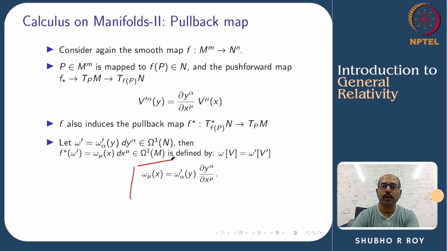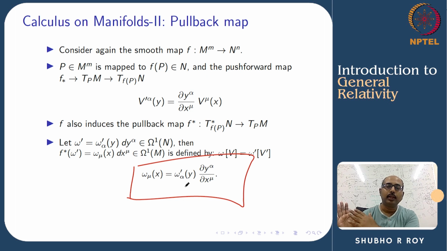So omega prime alpha is a one-form field in N, and then you contract with the Jacobian factor, the same Jacobian, del y^alpha over del x^mu. I'm not using the inverse, and you get back to the original manifold, in fact the cotangent space of the original manifold, and you get a one-form omega_mu. Okay, so this is the construction of the pullback. It goes in the reverse direction of the push forward.